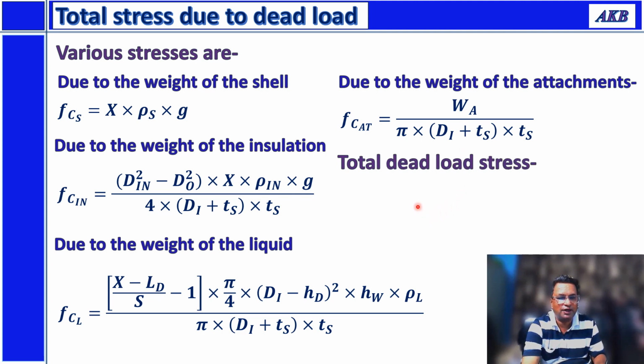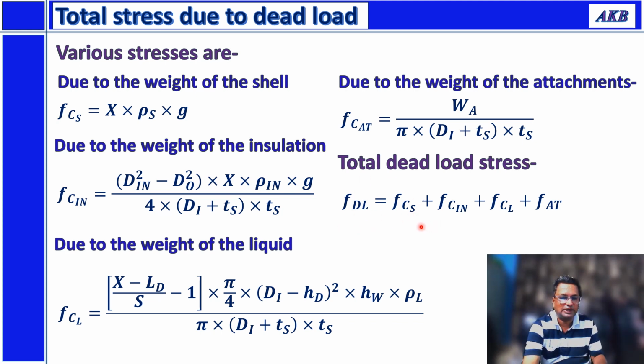So total dead load stress then will be addition of all these stresses. That is FDL is equal to FCS, stress due to weight of the shell, plus FCIN, stress due to weight of the insulation, plus FCL, stress due to weight of the liquid, and plus FCAT, that is stress due to weight of the attachments.